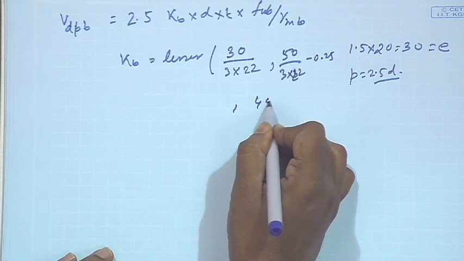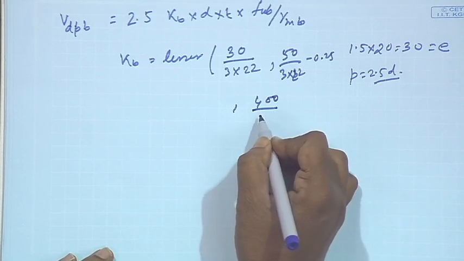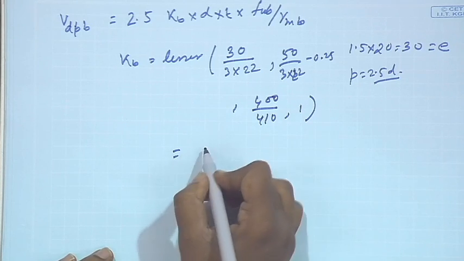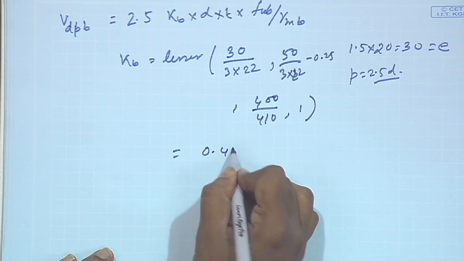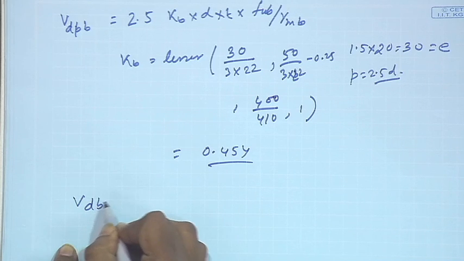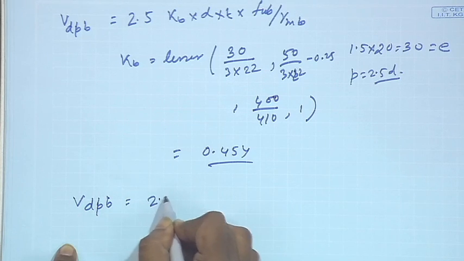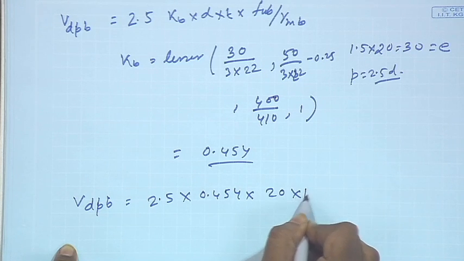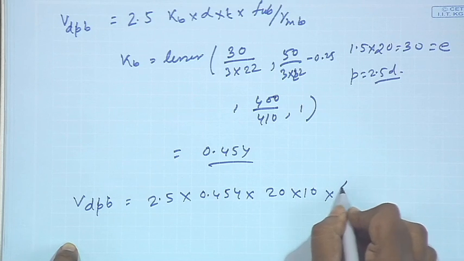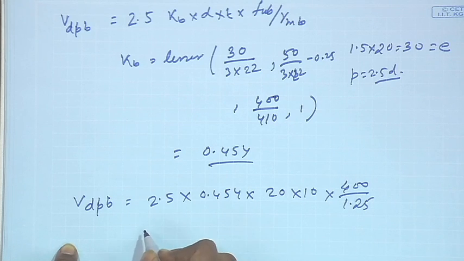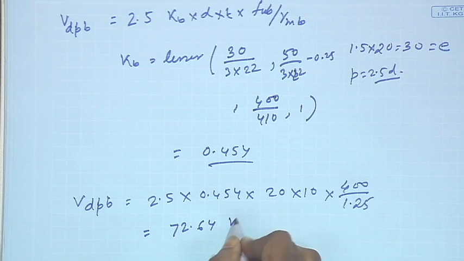Then FUB by FU, then 1. So, lesser of this is coming as 0.454, right. So, bearing strength we can find out as 2.5 kb is 0.454 into D into T into FUB is 400 by gamma MB, right. So, these values are coming as 72.64 kilonewton.